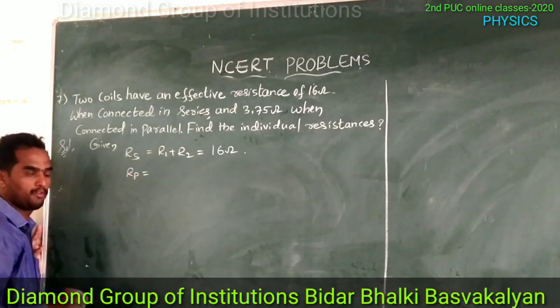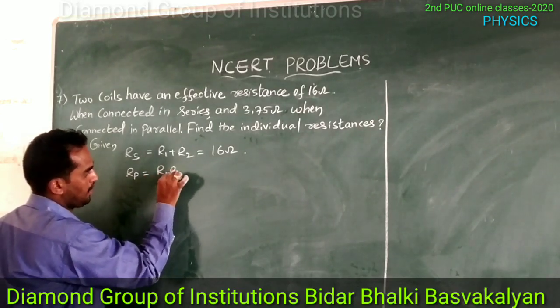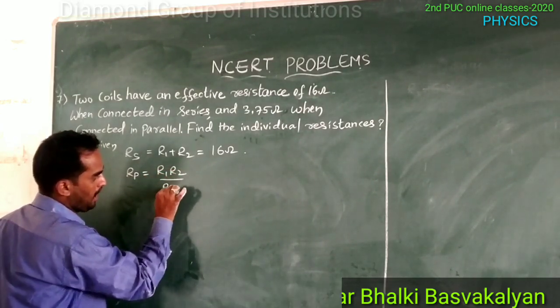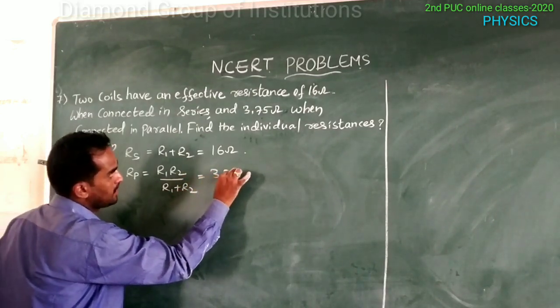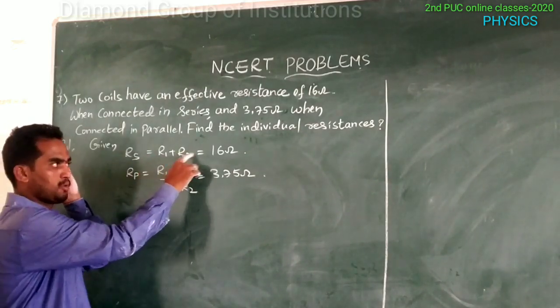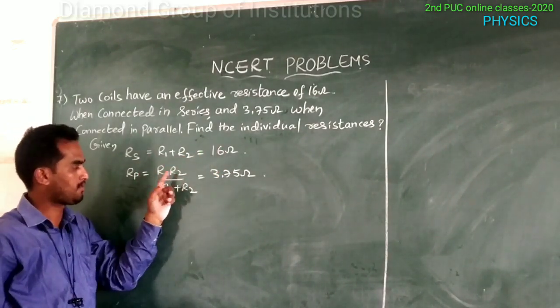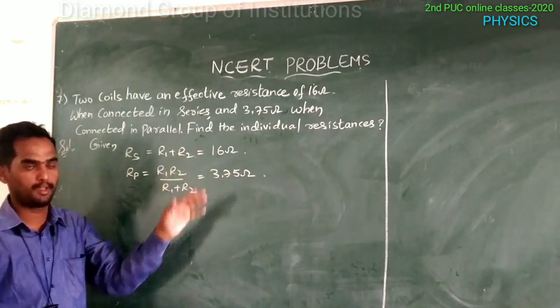So what is the formula of Rp? When two resistors are connected in parallel, R1 into R2 by R1 plus R2. This value is mentioned here as 3.75 ohm. R1 plus R2 equal to 16 ohm. R1 into R2 by R1 plus R2 equal to 3.75 ohm.